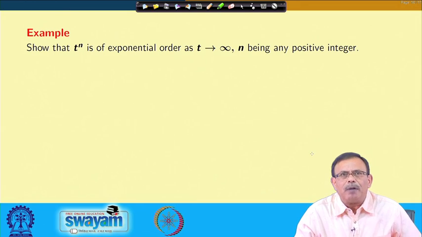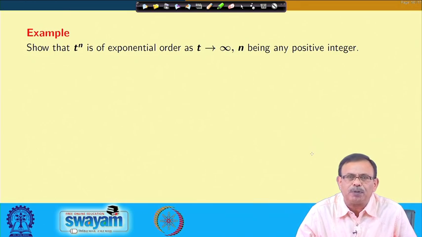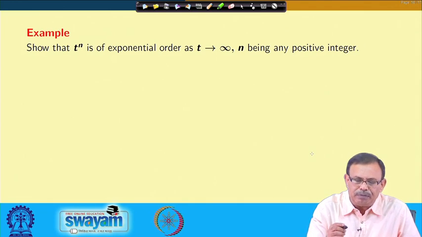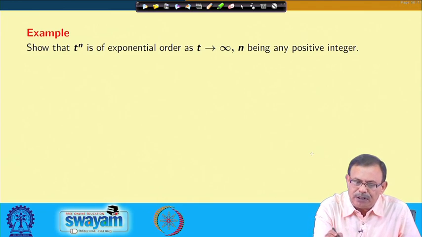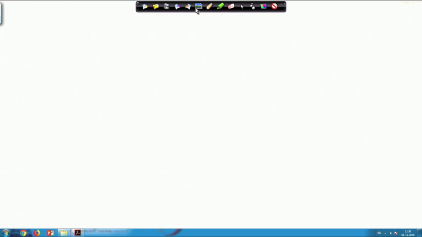Example, say we have to show that t power n is of exponential order as t approaches infinity, n being any positive integer. So, what we have to do? We have to find the limit as t approaches infinity of e power minus a t into t power n, because we want to find out whether t power n is of exponential order alpha or not, where a is greater than 0.